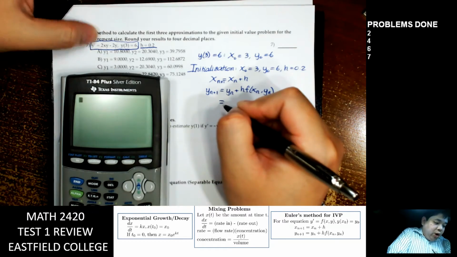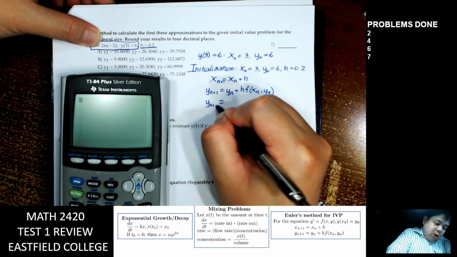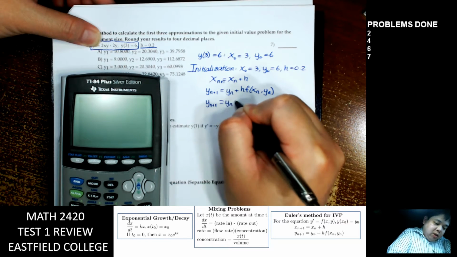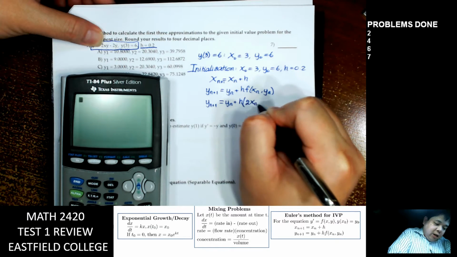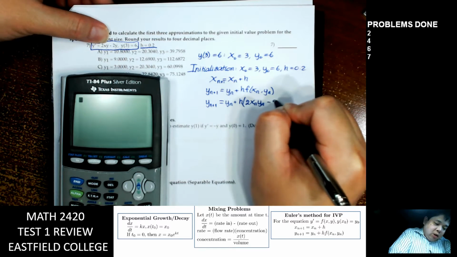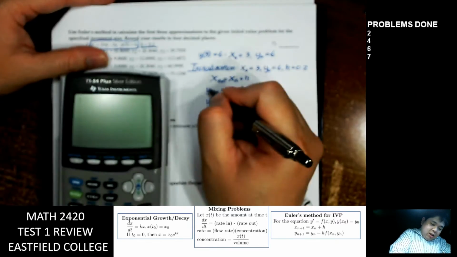However, we know the function is going to be this, so we can write y(n+1) equal to yn plus h times the function, which we can write as 2xn yn minus 2yn, right? So we use this instead.